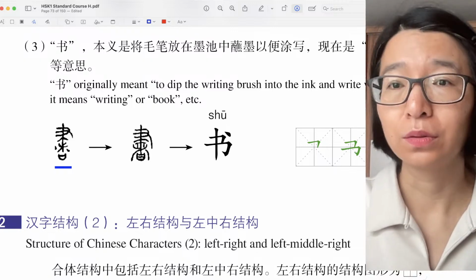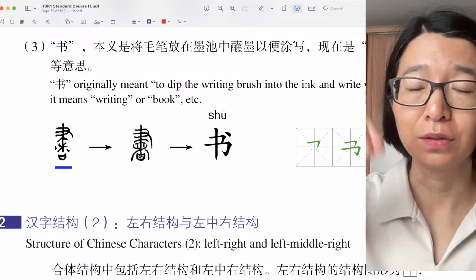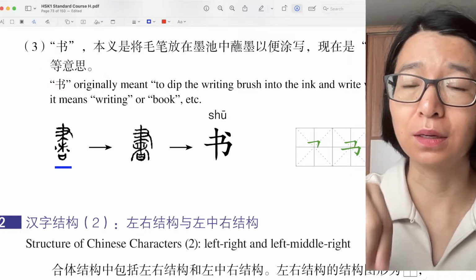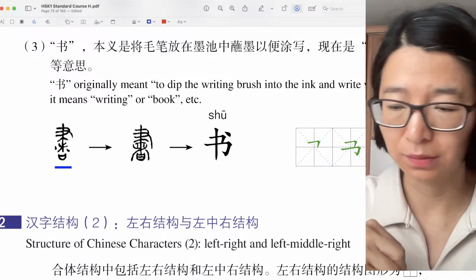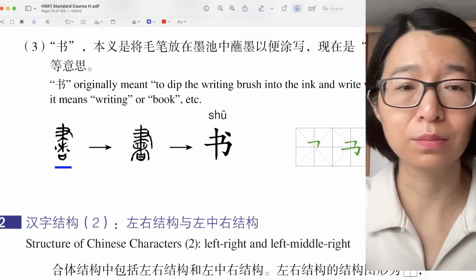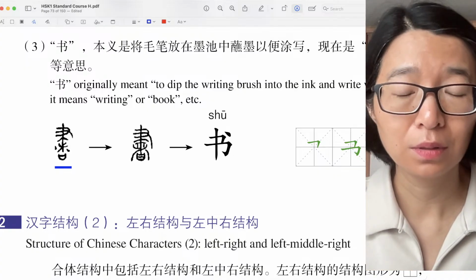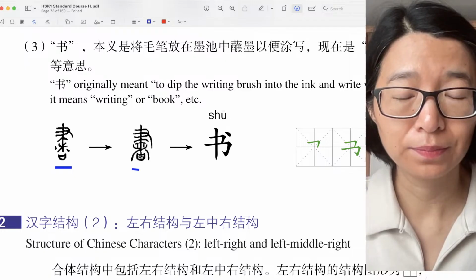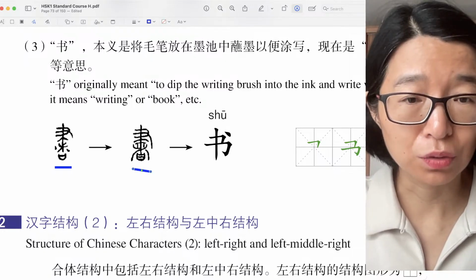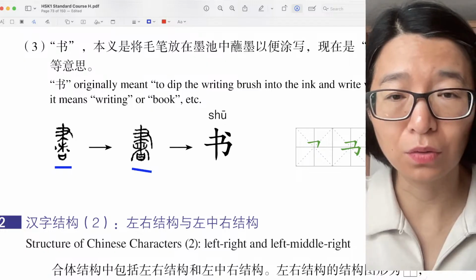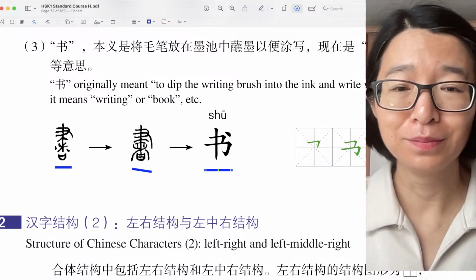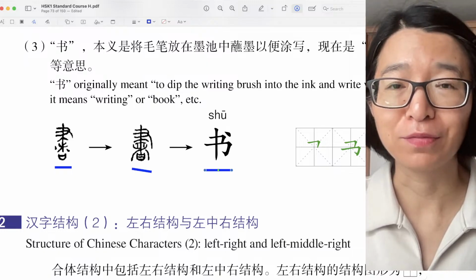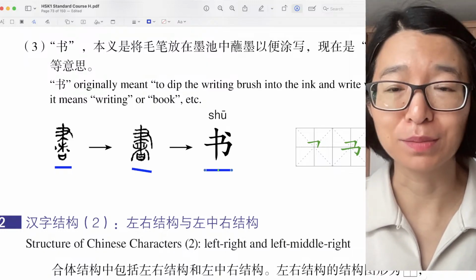You write, you dip in the ink, and then you write. First you grab a brush. I'm going to show the brush to you next time. And then I changed to this. Now people are getting used to the simplified form, which is much easier.